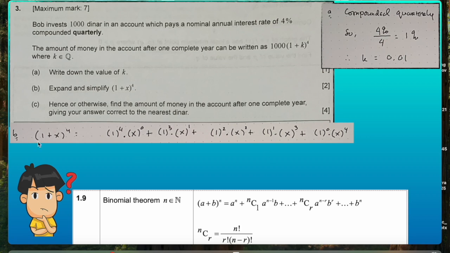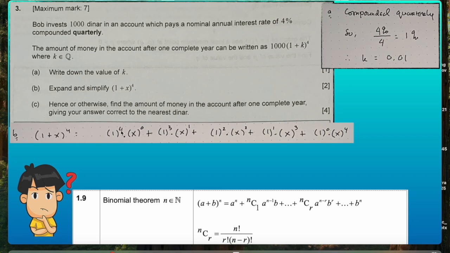If we consider 1 as the first element and x as the second element, then we can assign this given power 4 to the first element. So we have 1 to the power of 4. And then we can assign 0 to the second element, x. So we have x to the power of 0. If we look at this power here, power of 4, this power decreases as we move to the right.